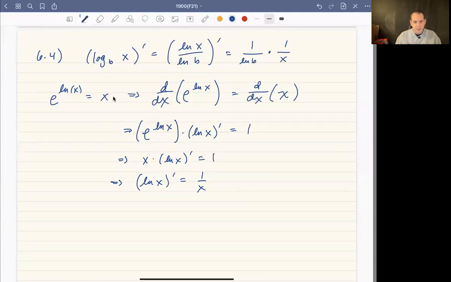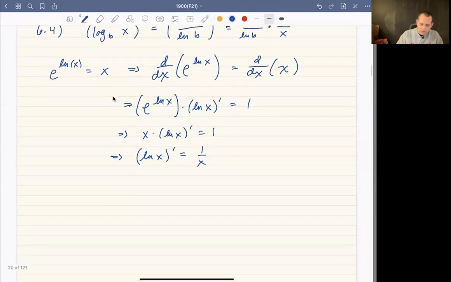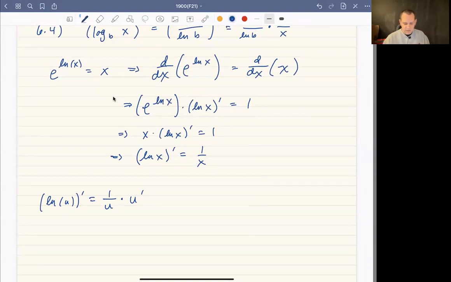And that's it. And if I apply the chain rule, say with u as our function, and I differentiate the natural log of u, what we get is 1 over the inside times the derivative of the inside. That times the derivative of the inside part is exactly the chain rule. Okay, and so that's what the chain rule says for us.